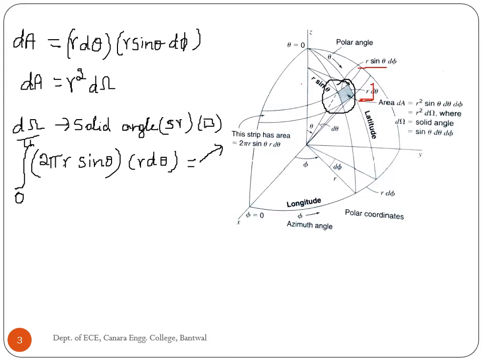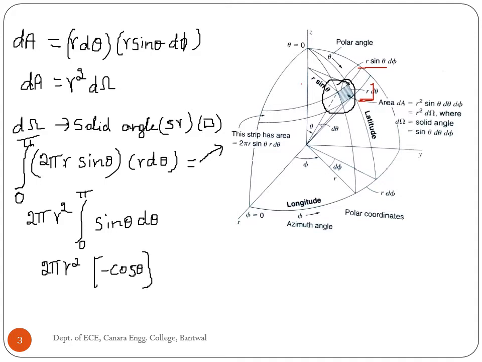When I integrate this, 2 pi r square integral 0 to pi of sin theta d theta, which is equal to 2 pi r square times the integral of sin theta, minus cos theta from 0 to pi, which is equal to 4 pi r square, which is the area of the sphere.